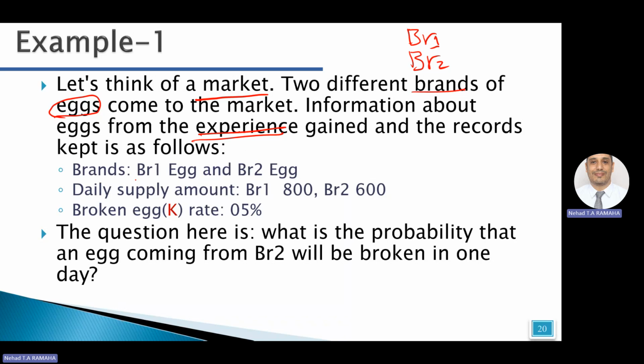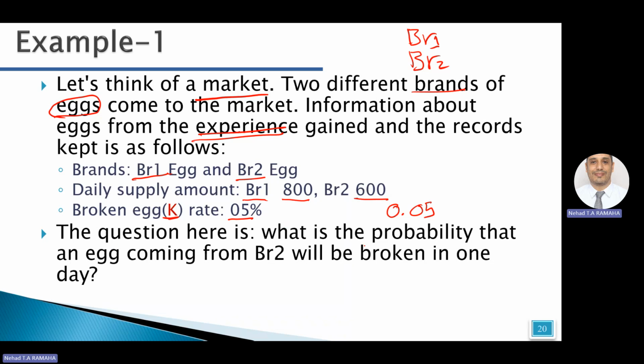Of course, the two types we said, brand 1 and brand 2. We don't want to give specific names. And we take from brand 1, 800 eggs, from brand 2, 600 eggs. The broken eggs, we will give it letter A. Rate is 5%. 5% means 0.05, yes?